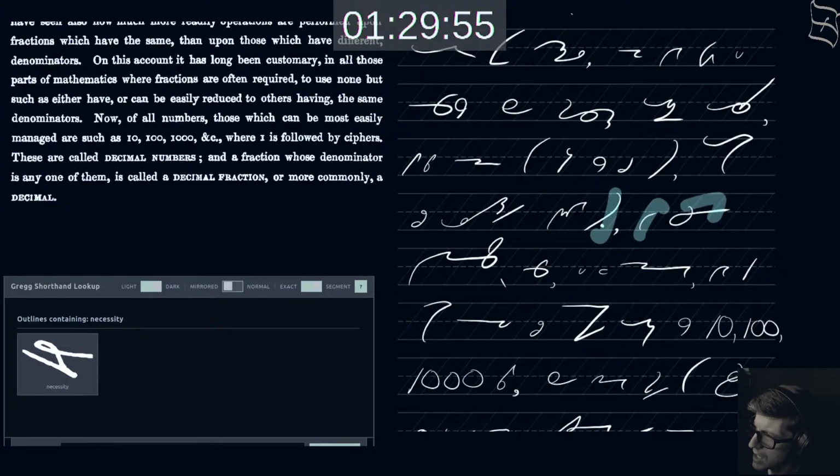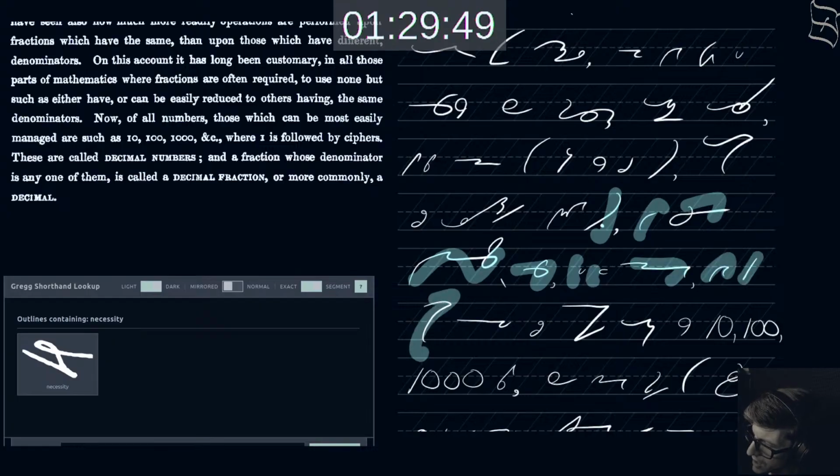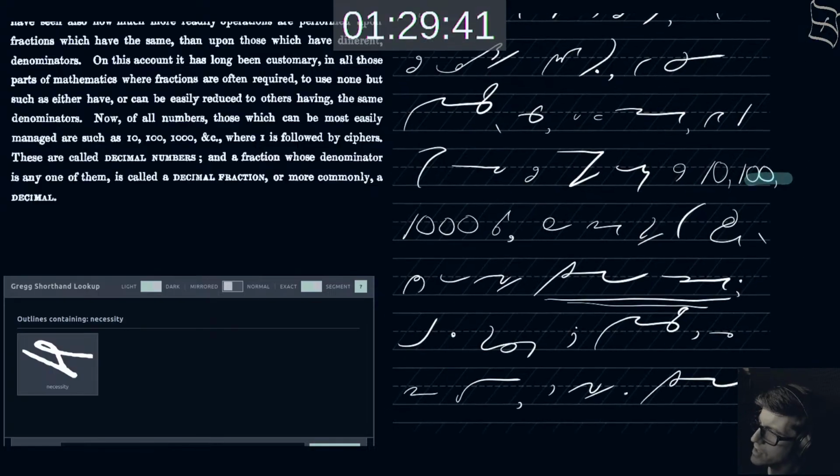Having the same denominators. Now, of all numbers, those which can be most easily managed are such as 10, 100, 1000, etc. Let's make that E just a little smaller, got to work on my standardization, my uniformity. There we go.